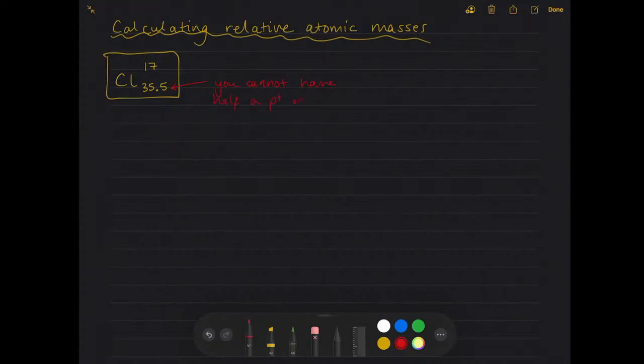It's just not possible. We expect it to be a whole number. The question is why do we have decimals in the periodic table?